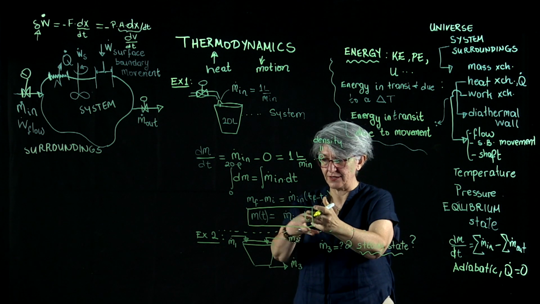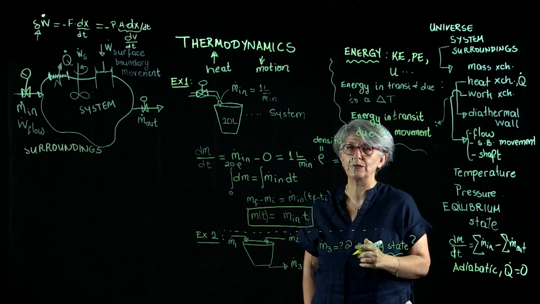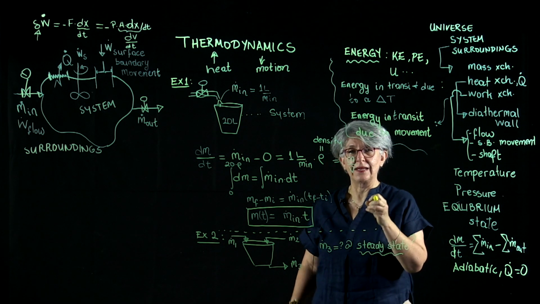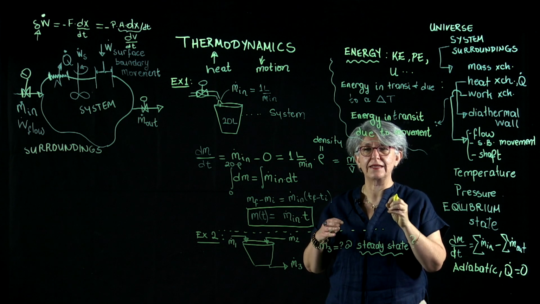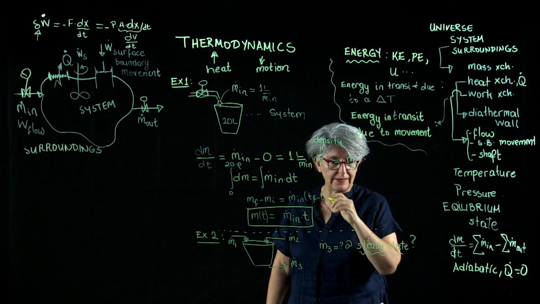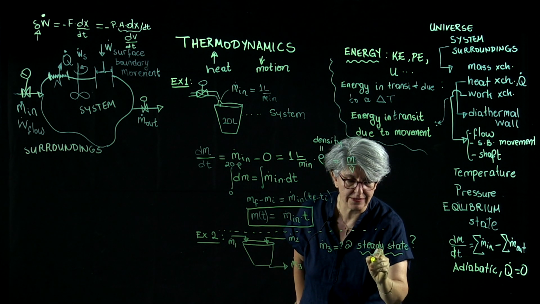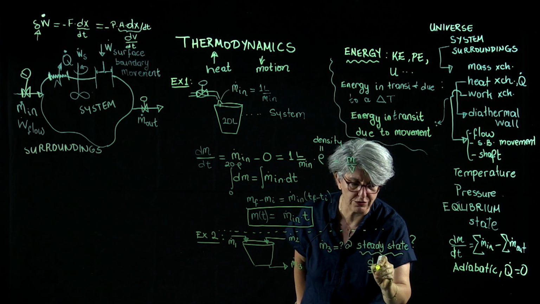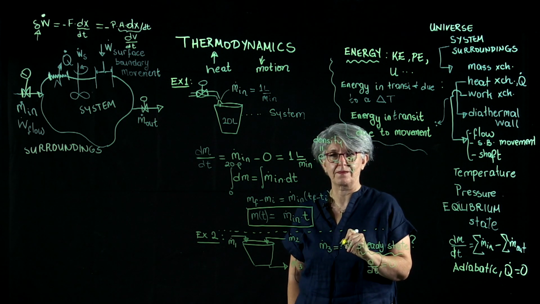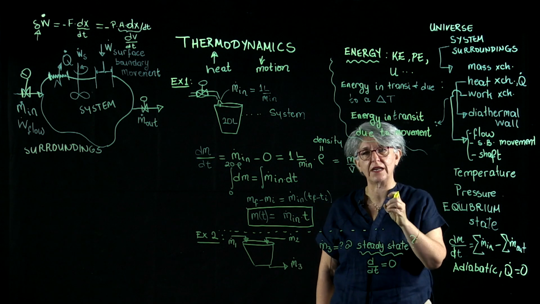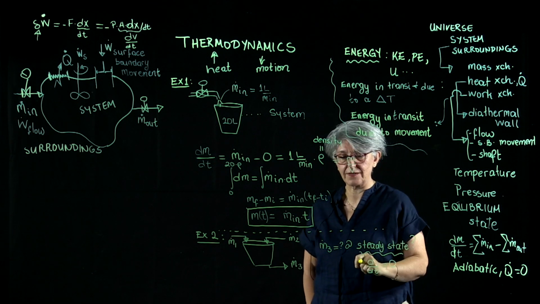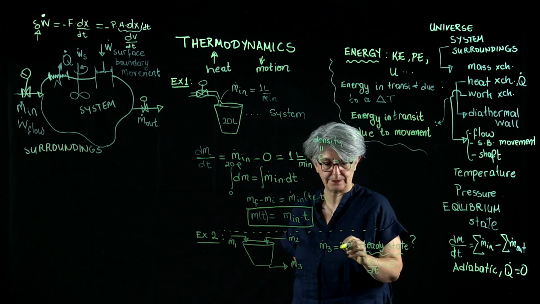Here we have streams flowing in and out, and under steady state conditions, the system is invariant with respect to time. Under steady state conditions, the d over dt term is equal to 0. The system does not change with respect to time.